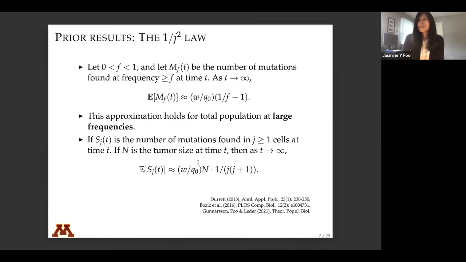It was also derived in some other works later on, and it's a cumulative version of a related result, which is that if Sj of t is the number of mutations found in exactly j cells, j bigger than or equal to 1 at time t, and n is the tumor size at time t, then as t goes to infinity, the expected value of this quantity is approximately given by this expression here, which gives the name the 1 over j squared law, or the 1 over f law.